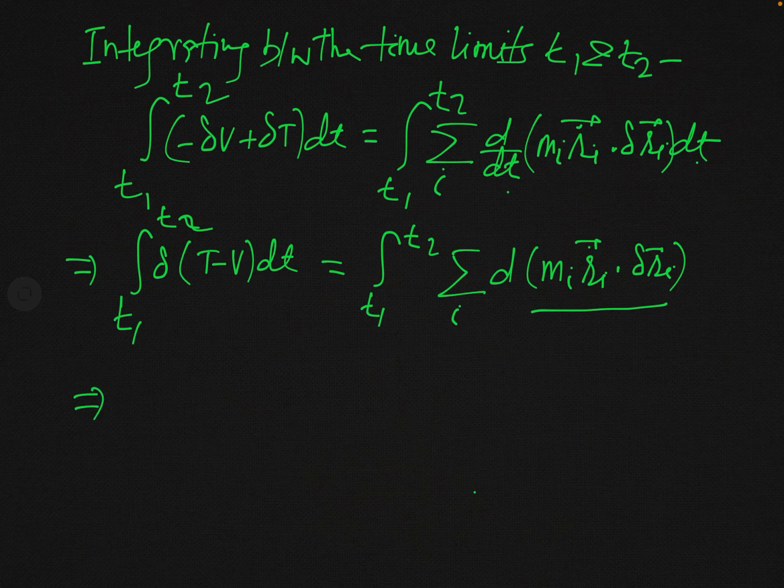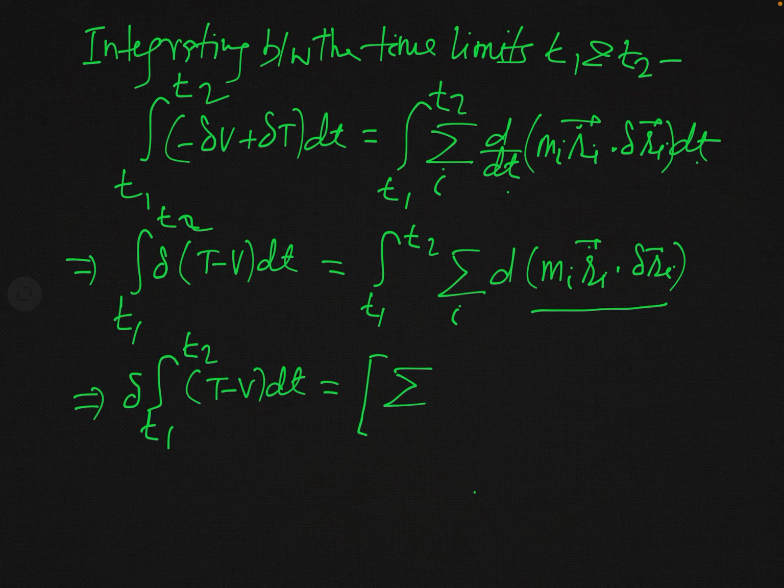Now this integral delta of t minus v dt can be written as delta of integral t1 to t2 of t minus v dt, and this is equal to what?